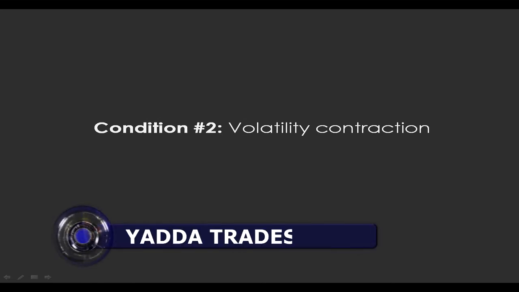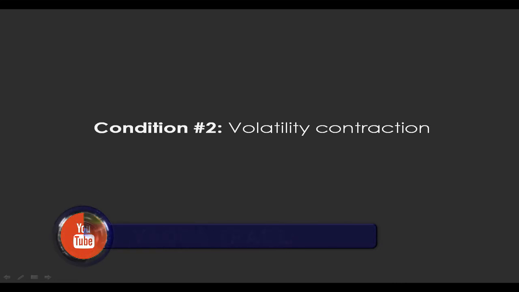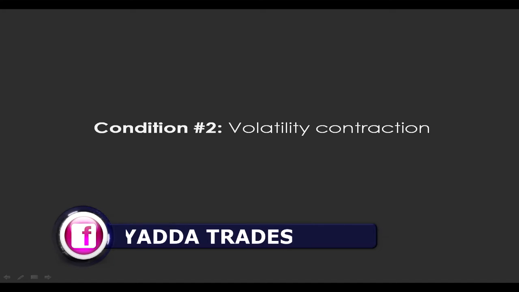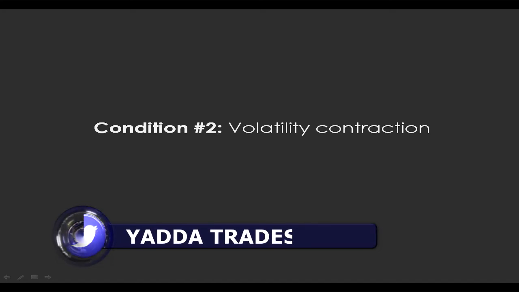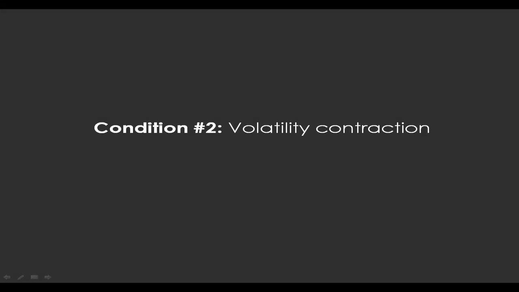Now, of course, this is related to condition number one, because in essence, what is a mature balance? Well, it really represents a sort of volatility contraction for that particular time frame where prices stay in a narrow range, right? But what I'm talking about here is on the level of 1 day, and in particular, I'm talking about a concept called NR4 or NR7.